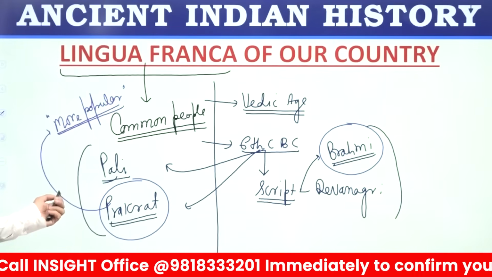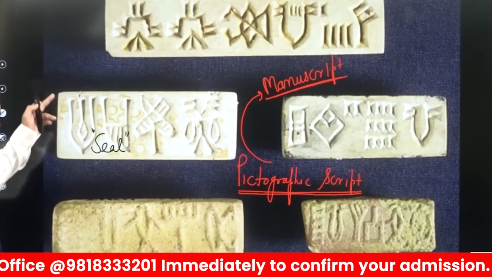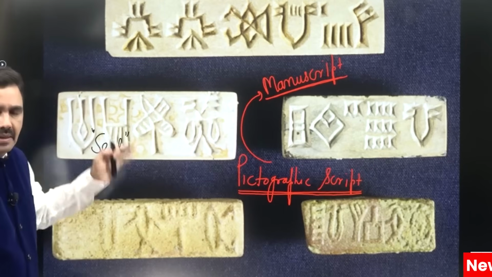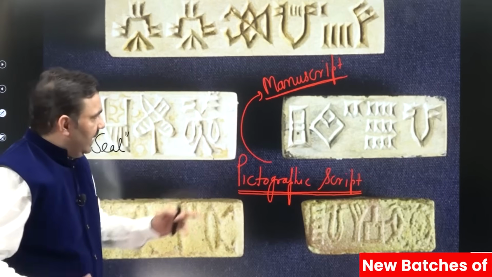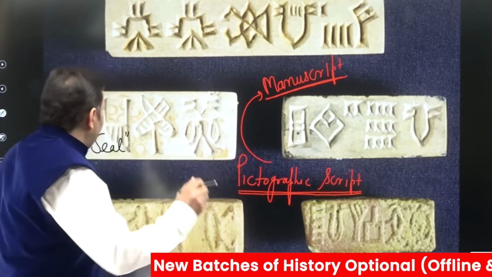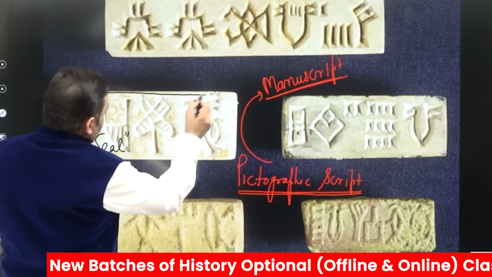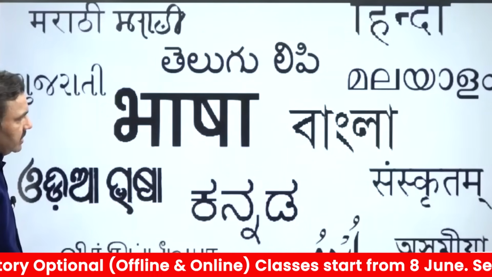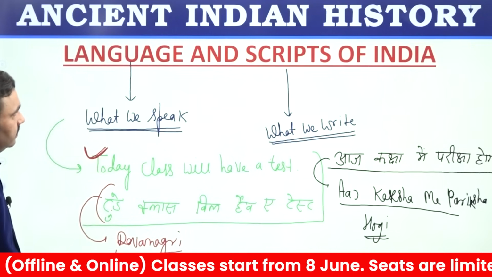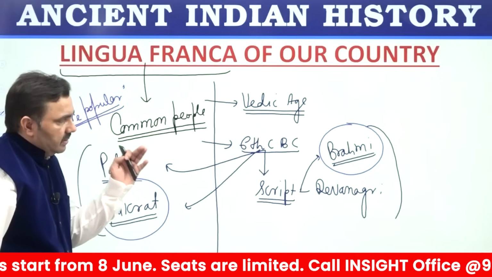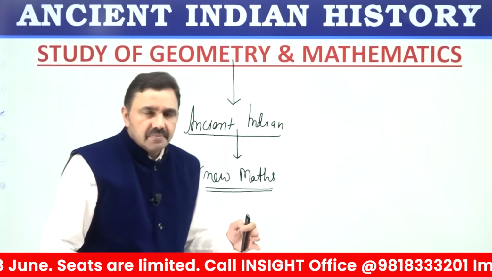Here, in these seals, you can see the shape of this seal is rectangular. If you look at the angle here, it is 90 degrees. If you look at the edges here, these are parallel lines. It simply means that people of the Harappan civilization were aware of geometrical shapes.